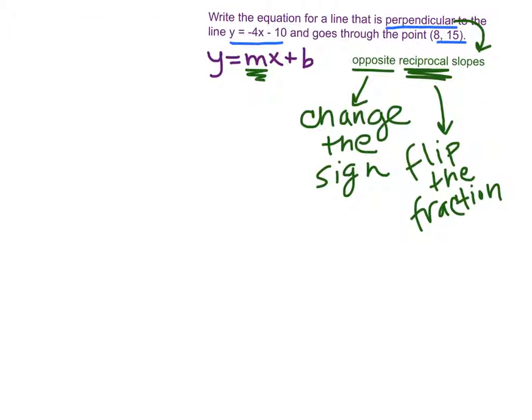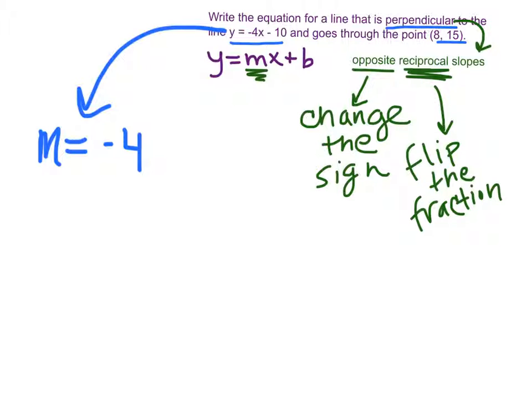We're writing the equation for a line that's perpendicular to the given line y equals negative 4x minus 10. That given line has a slope, or an m, of negative 4. To figure out the slope of our perpendicular line, we have to take that slope and change it to the opposite reciprocal.